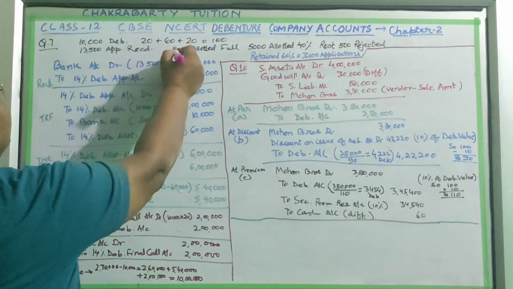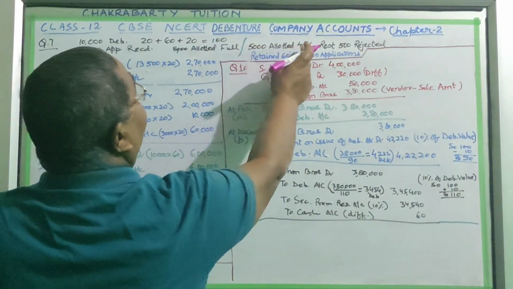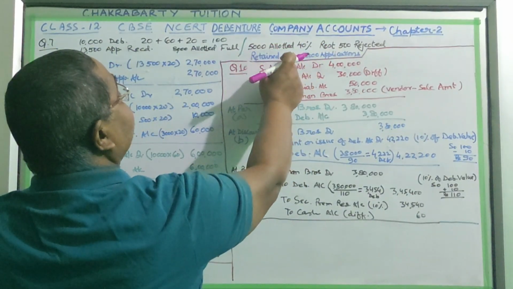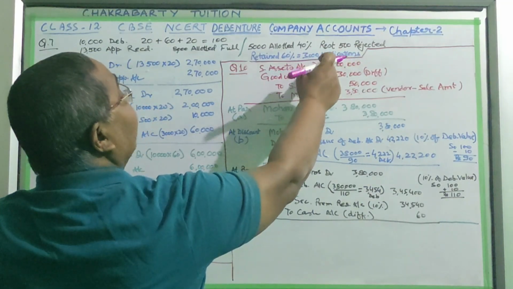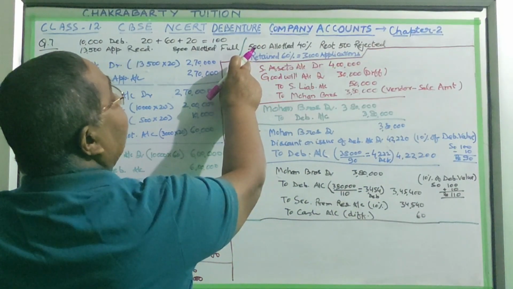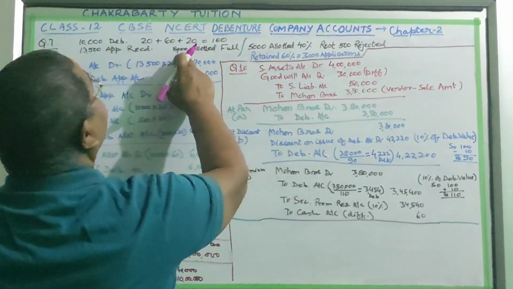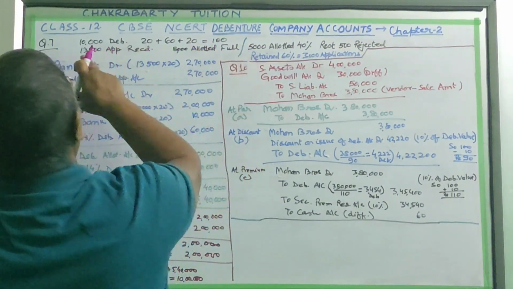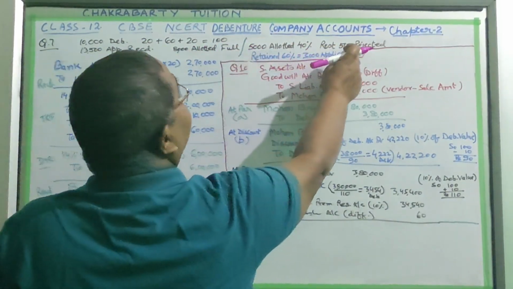Out of that, 8,000 were allotted in full, and 5,000 were allotted 40%, which means 60% retained. 60% of 5,000 is 3,000 applications retained, and their application money will be used towards allotment. The rest, 500, were rejected. How does it come? 8,000 plus 5,000 is 13,000; reduce this from 13,500 and the rest is 500.